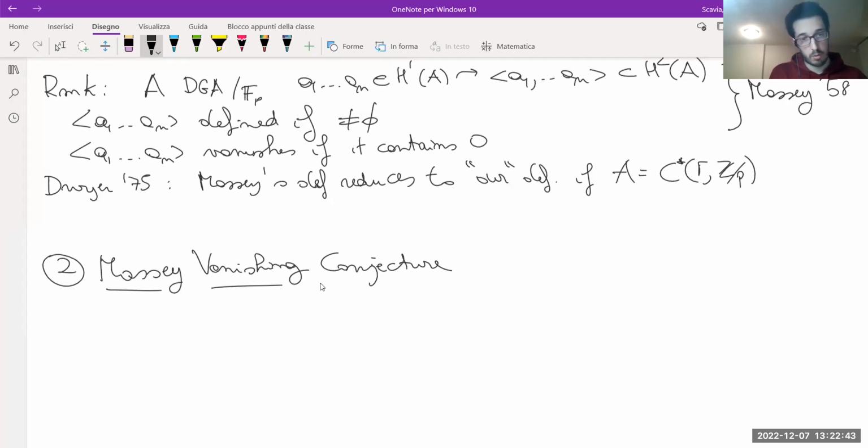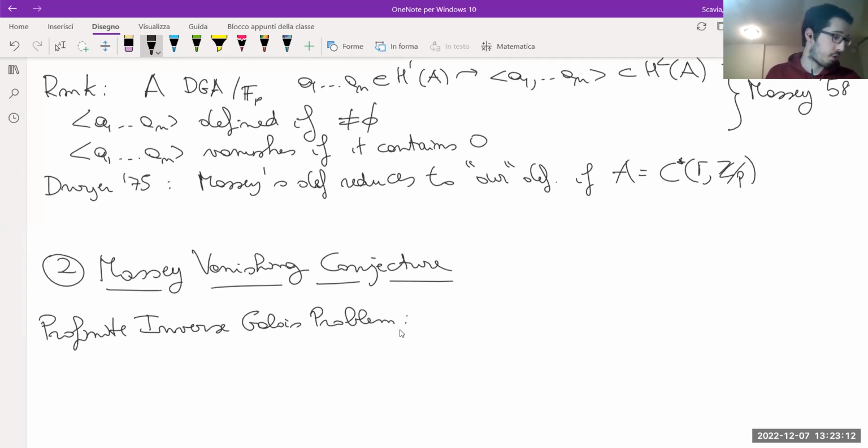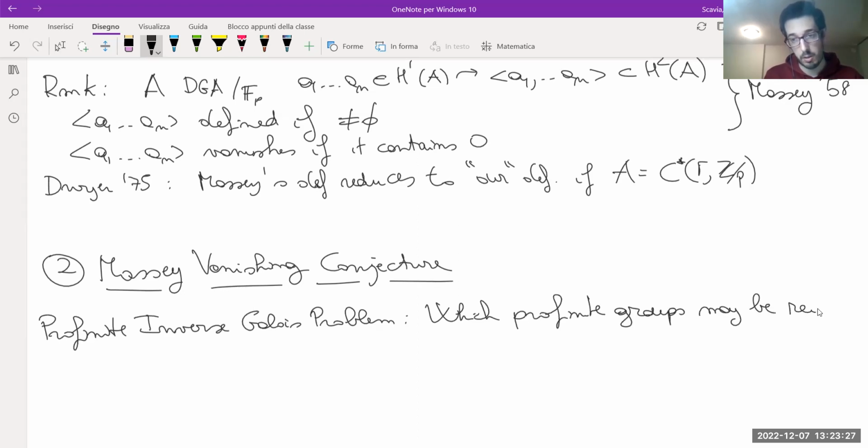One of the most important problems, an extremely basic problem but perhaps also impossible to really completely solve, in this area is the profinite inverse Galois problem, which I phrase very vaguely as: which profinite groups may be realized as absolute Galois groups of some field.